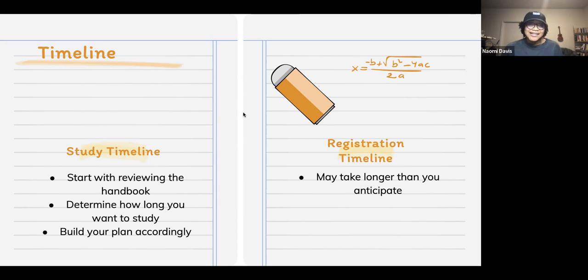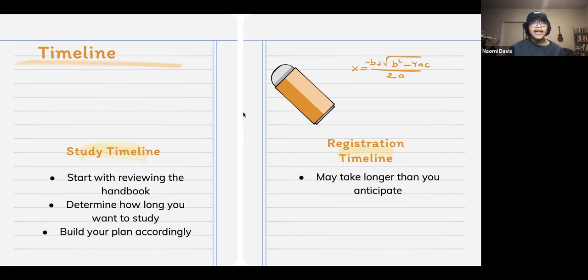What makes this exam tricky isn't necessarily the information that's presented, but figuring out how to apply the information that you already know to these very specific situations, or how to interpret the questions they are asking you. So determine first and foremost how long you want to study, and start with reviewing that handbook.